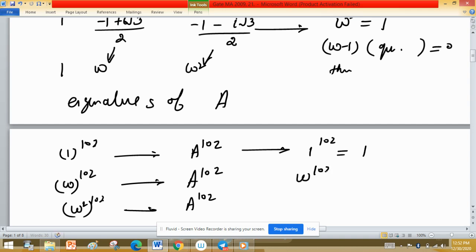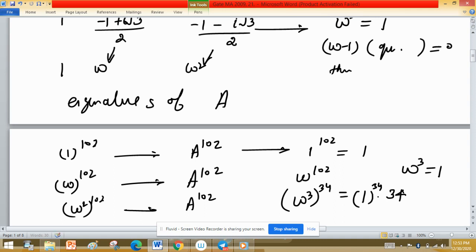For ω raised to the power 102, we know ω cubed equals 1, so resolve this power 102 with factor 3: 3 times 34. So you can write (ω³) raised to the power 34 equal to 1, because ω cubed is 1.